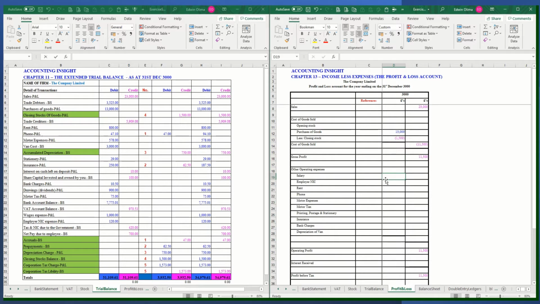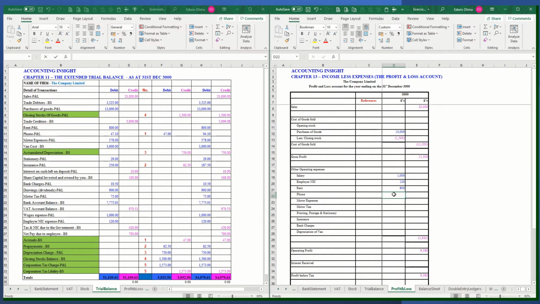So the first one is salary. It was 1,000. There it is. The next one was the employer's national insurance paid. It was £120. There it is. And the company paid rent, which was there, £800.